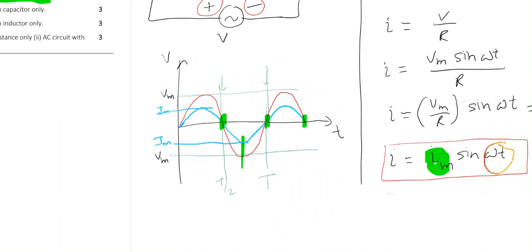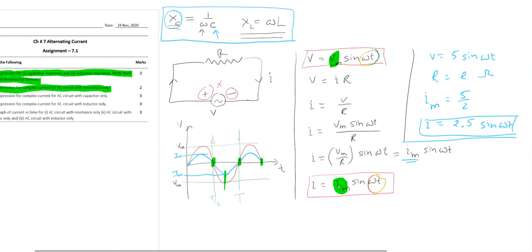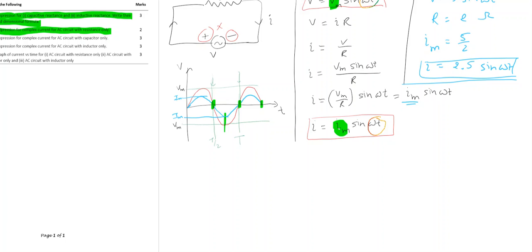So this is the nature of current in a circuit where you have only a resistor connected with a source of alternating voltage. Now, what is the essential part here that you should not forget, that V is Vm sin omega t and current I is Im sin omega t.